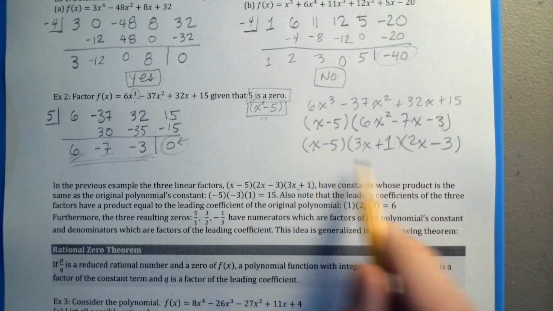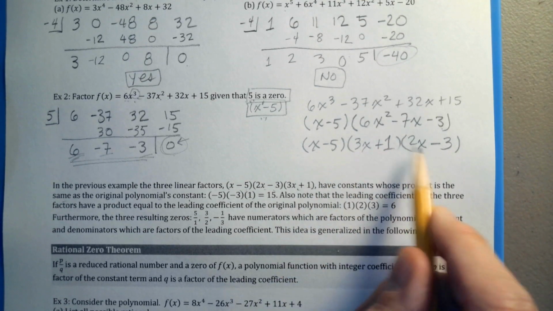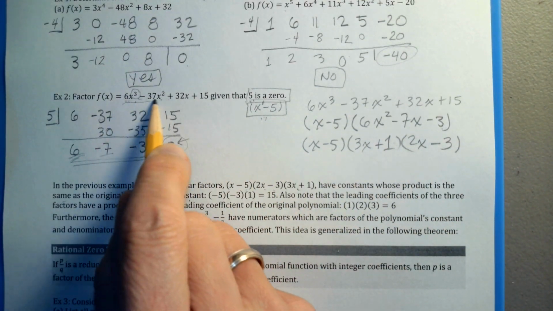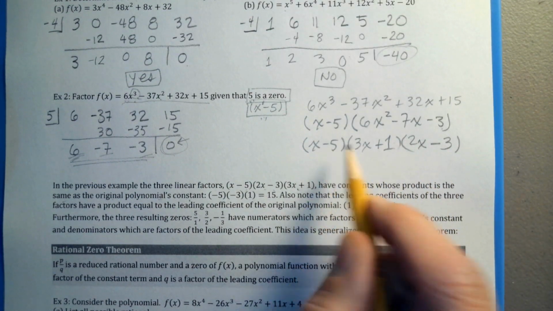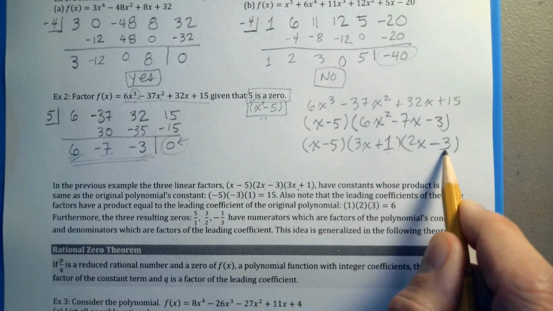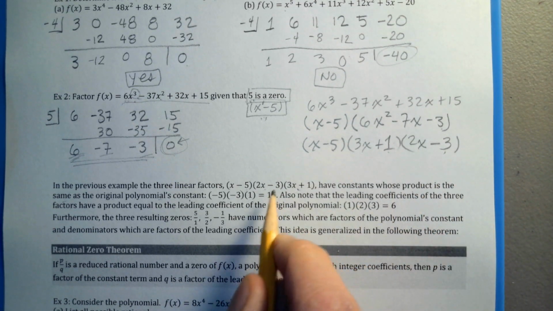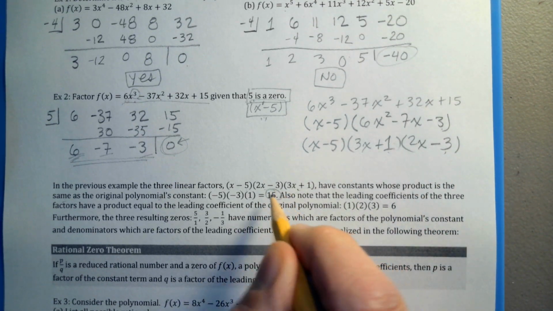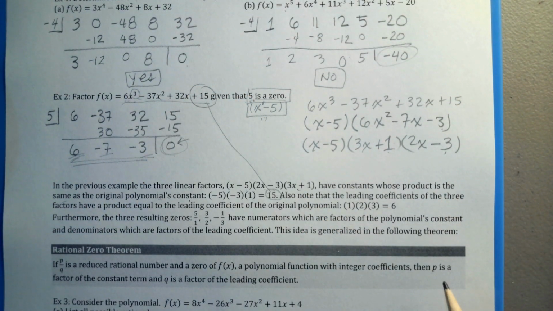When we go to FOIL this out, if we were to expand this, multiply all this together, we would get this original polynomial, a cubic. But at some point, this negative 5, this 1, and this negative 3 would get multiplied together and give us 15. Not a coincidence that 15 is the constant in the original problem.